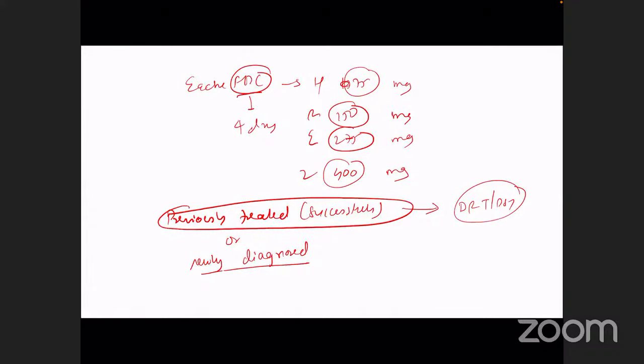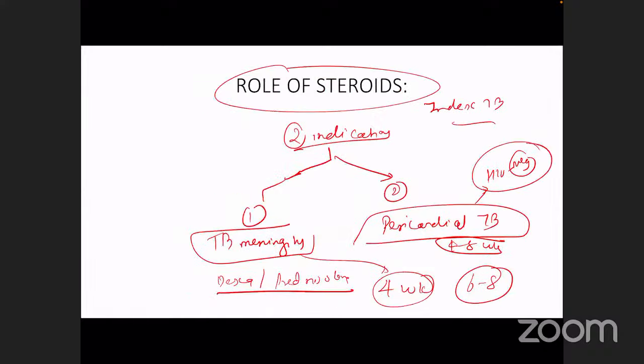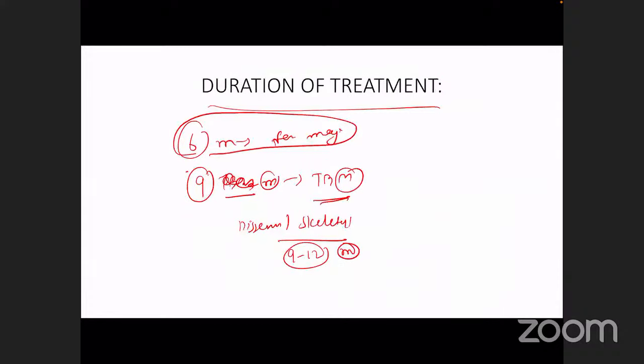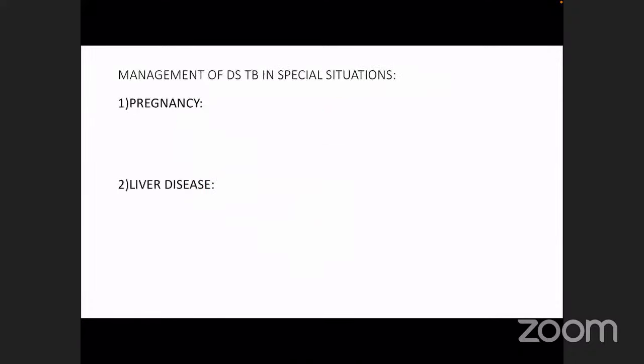Earlier, it used to be like we have to give 3 months of intensive phase, 5 months of continuation phase, and then we have to change the drugs. For first 2 months you have to do streptomycin, for next 1 month you use 4 drugs, for next 5 months you use 3 drugs. This is not done nowadays. It is very straightforward. Streptomycin is having no use for management of drug sensitive TB. It is used in only specific scenarios where you have intolerance to some drugs.